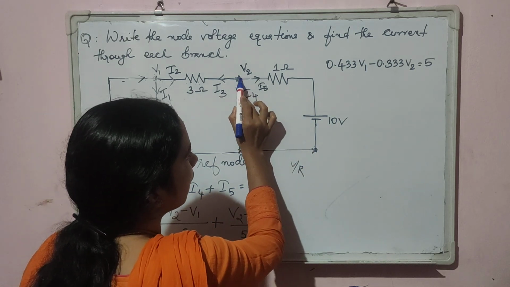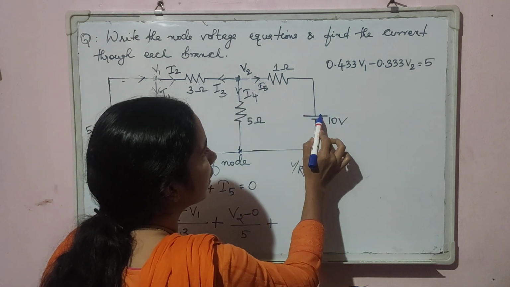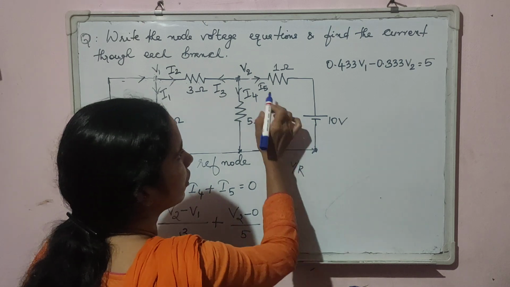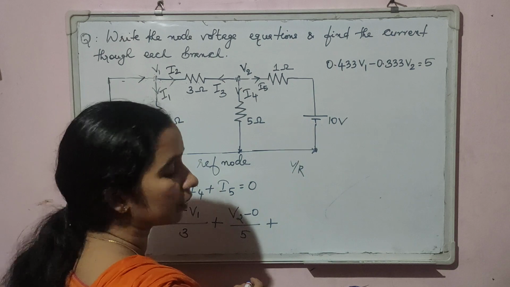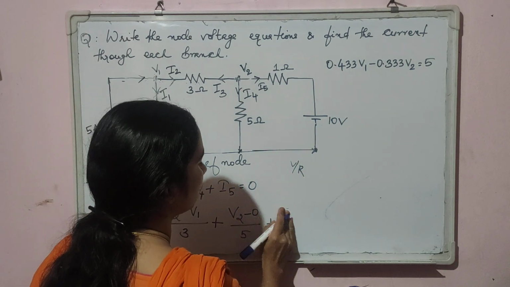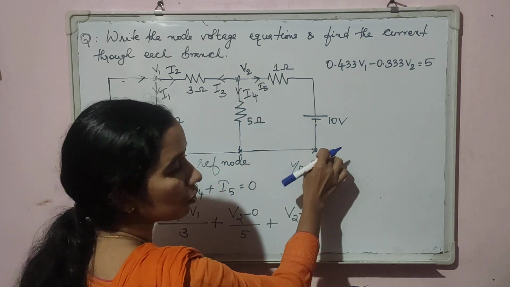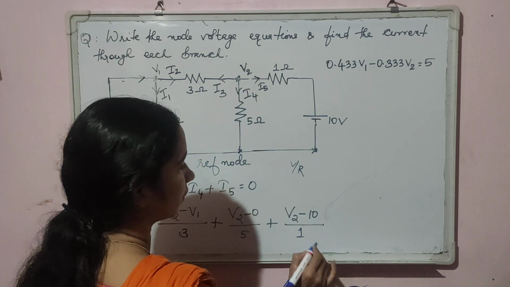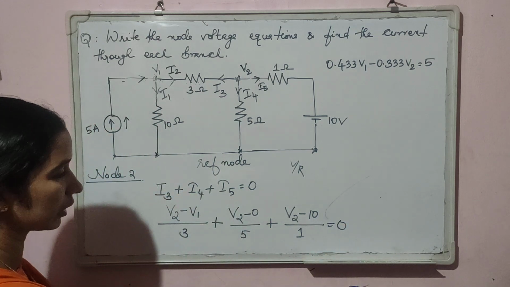So here current I5 is flowing from the positive terminal to negative terminal of this battery. So voltage will be V2 minus 10 volt. So that is the voltage across this branch divided by resistance of the branch, which is 1, equal to 0. This is the KCL equation.